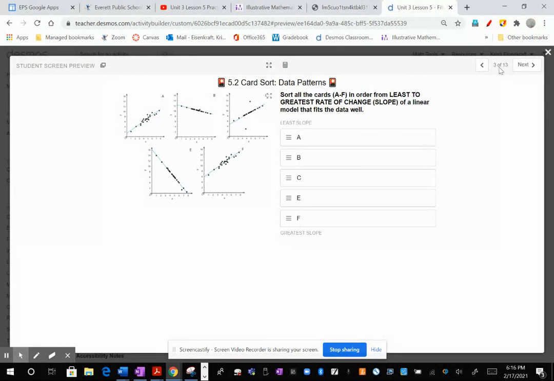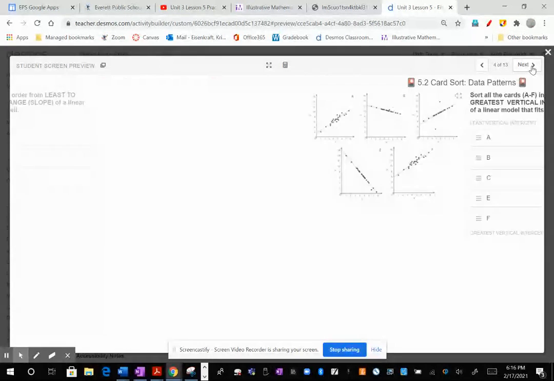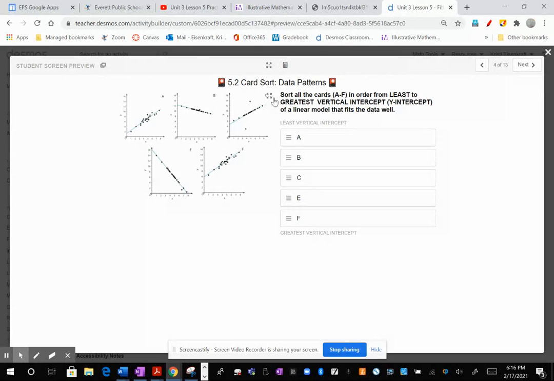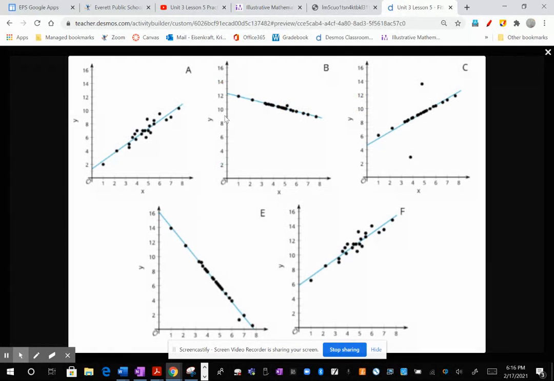This lesson also covers the vertical intercept, or the y-intercept. A lot of times in 8th grade, we think of that as the starting point, or the value for the y value when x is 0. In context, like in word problems, that makes a little more sense.